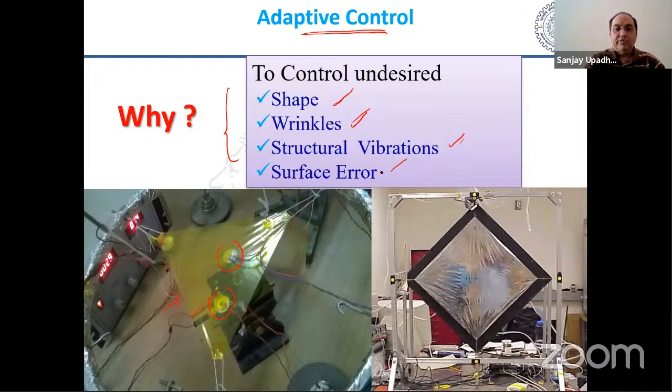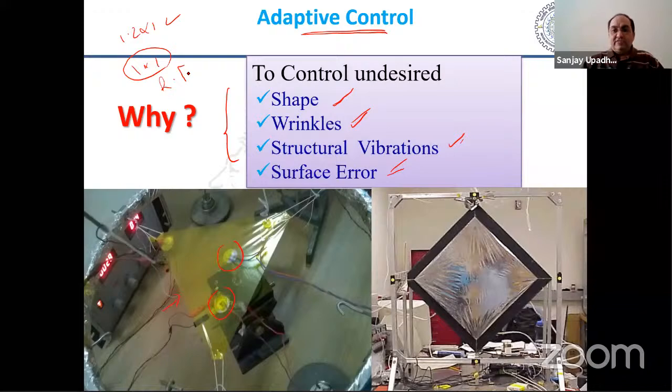Surface error is much more important because, suppose you are talking about 1.2 meter by 1.2 meter, then 1 meter by 1 meter is your RF zone, the radio frequency zone, which must be completely free from wrinkles, where signals will be received and transmitted. So adaptive control technology is required to control the shape, wrinkles, structural vibrations, and surface error.